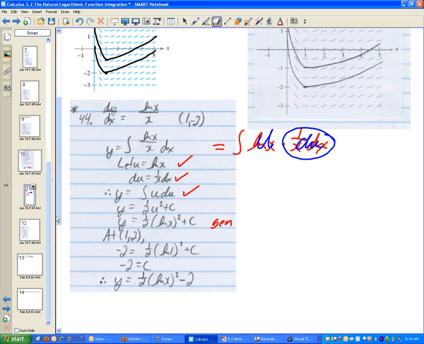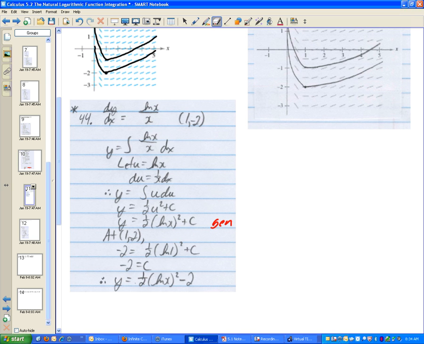Use our point, (1, -2), to get our particular solution. So replace x with 1, replace y with -2. Then -2 equals 1/2 times the natural log of 1 squared plus c. What is the natural log of 1? 0 squared is 0. 1/2 times 0 is 0.